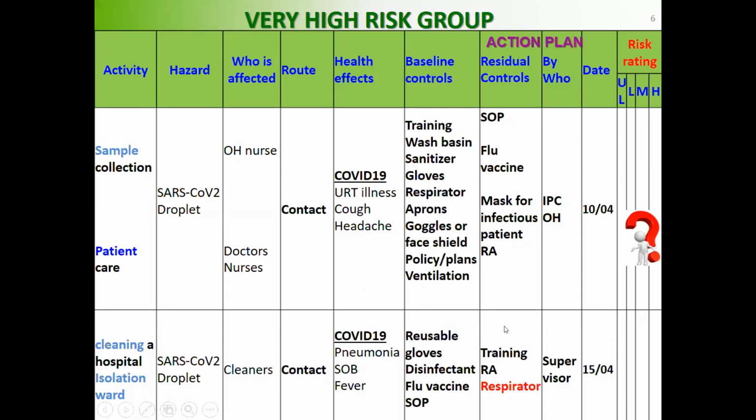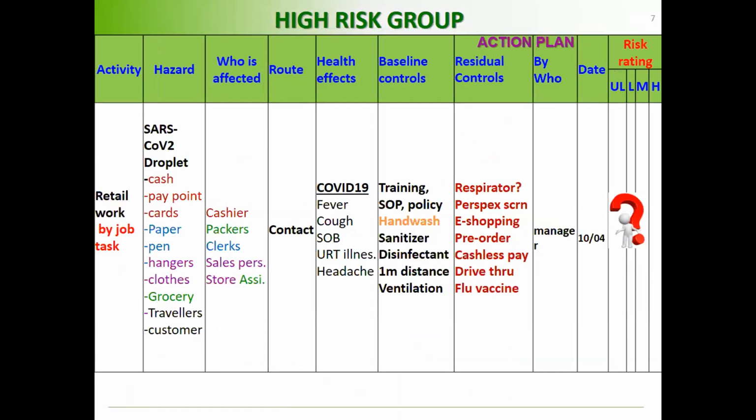Some will overlap, they will be for both, but some will be specific based on the risk profile. So you'll ask yourself, do I need a respirator for this one? Because the person is working in an isolation ward, and then there may be a hospitalization procedure taking place in there possibly, so they may need a respirator. But if there isn't any hospitalization, then they may not need a respirator.